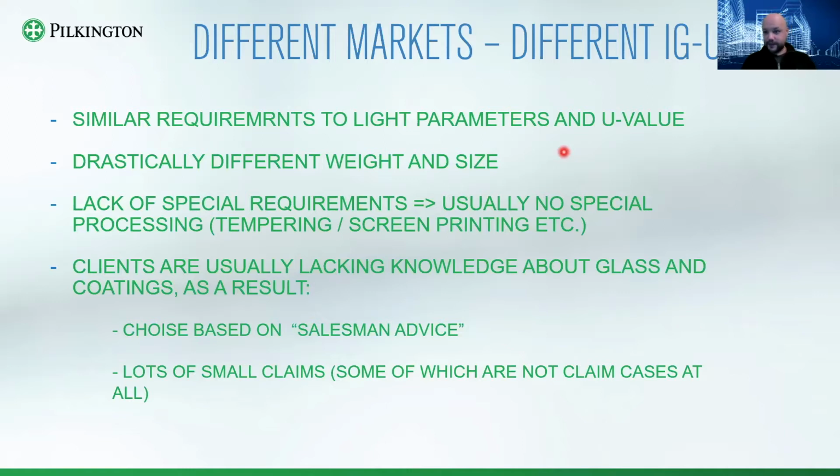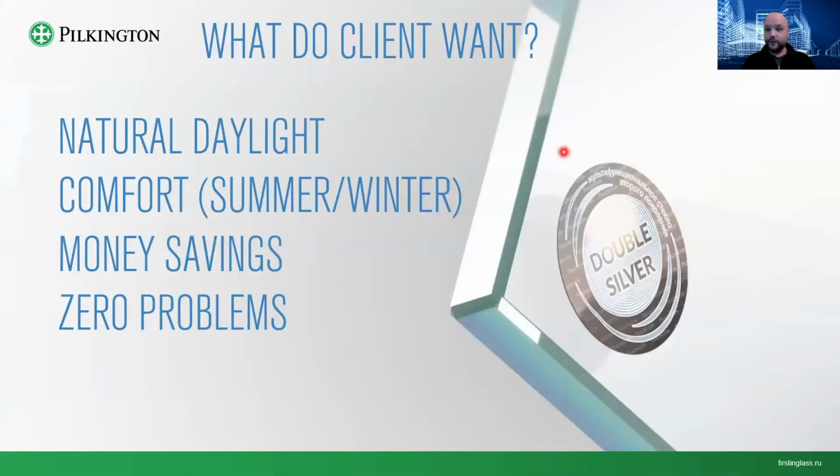Okay, with this introduction done, let's see what the customer wants. Customers usually want natural daylight. In some southern regions, he may want very little daylight, but we can offer him a different product. He wants comfort, to be comfortable in summer and in winter.